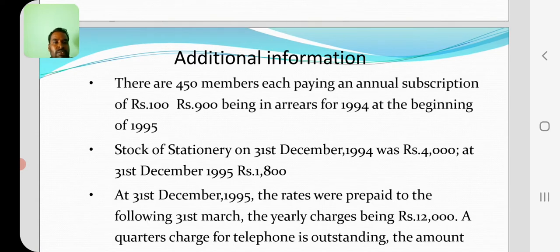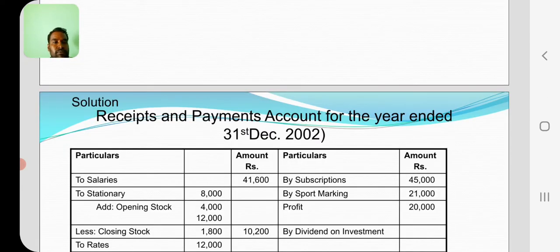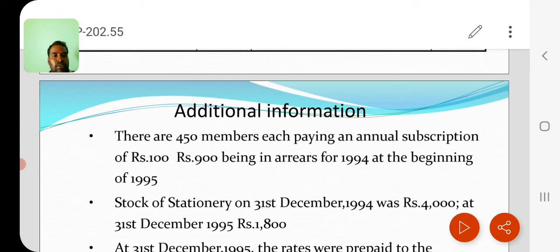So here additional information is given. There are 450 members, each paying annual subscription of rupees 100, rupees 900 being in arrears for 94 at the beginning of 95. Okay.